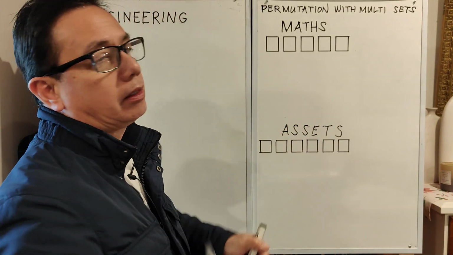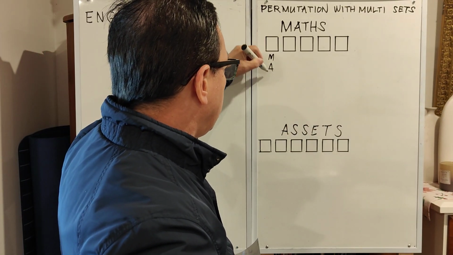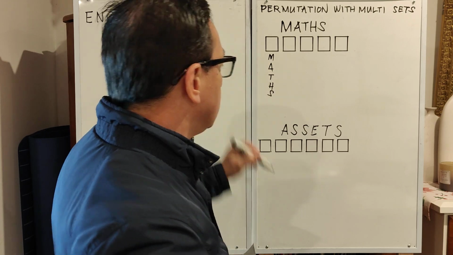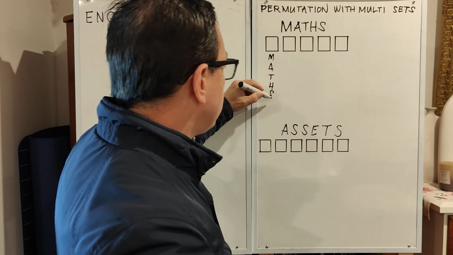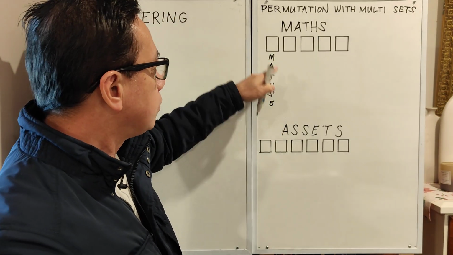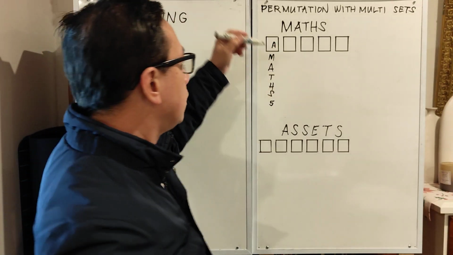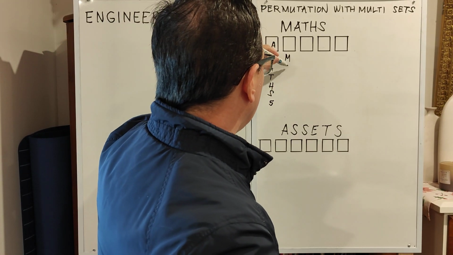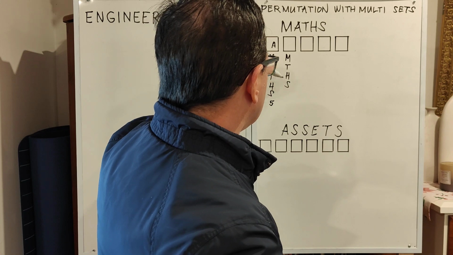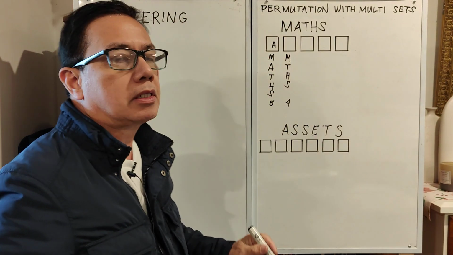For the first letter, we can use M or A or T or H or S. So we have 5 choices. But if we use the letter A here, for the next one we only have M, T, H, S. We have now only 4 choices of letters.